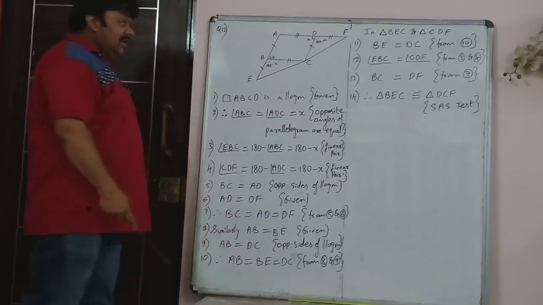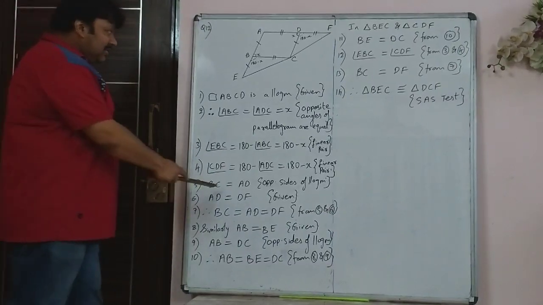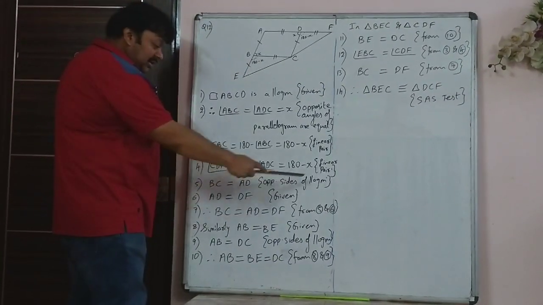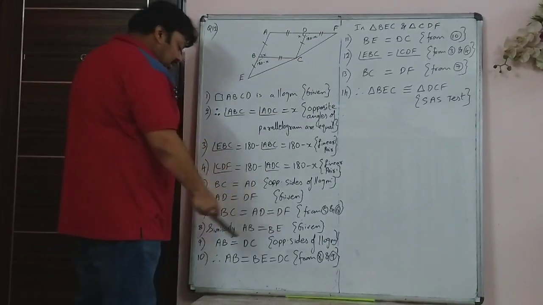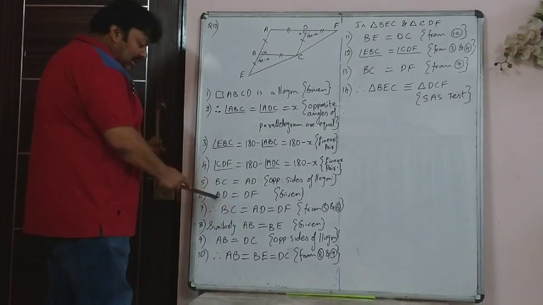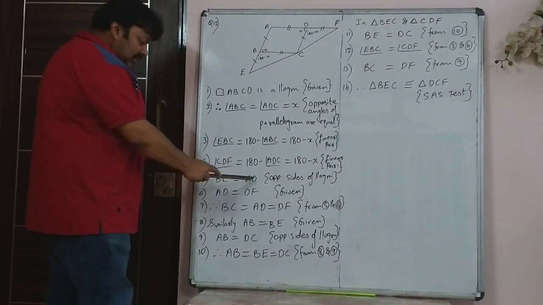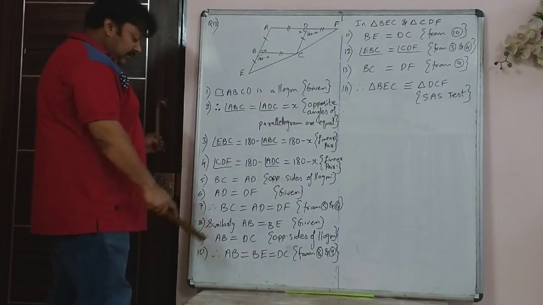So you have to write that step and show that BC is equal to AD, opposite sides of parallelogram, AD equal to DF, given. So since AD is common here, all three are equal. So BC, AD and DF, all three are equal.